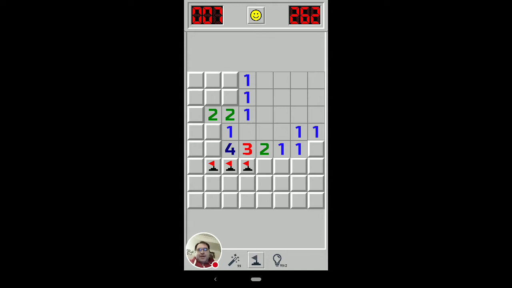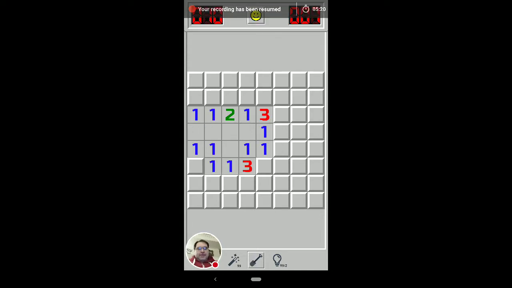So the 1-4 pattern is really simple. Anytime you see a 1 touching a 4, not diagonally, sorry, that doesn't work, but a 1 and a 4 next to each other in a cardinal direction, then the 3 that are opposite the 1 under the 4 are all mines, and the 3 that are above the 1 opposite the 4 are not mines, and you can clear them right away.